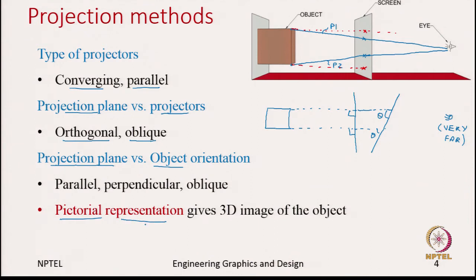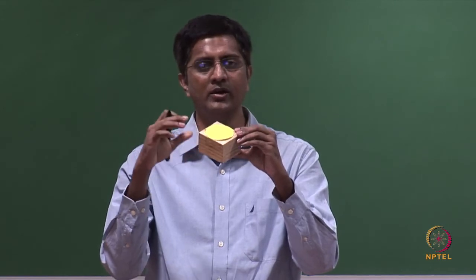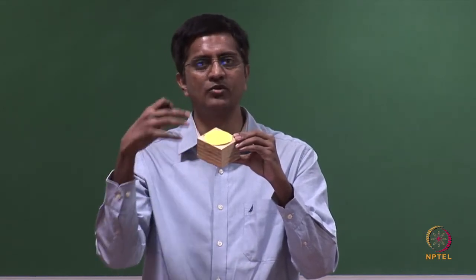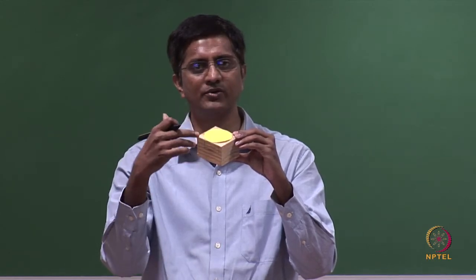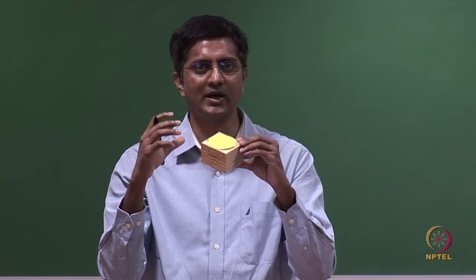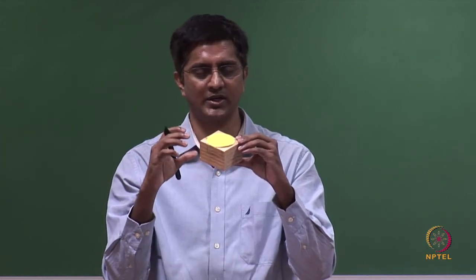Pictorial representation means if I orient this cube in this fashion, you can see the 3-dimensional view of this object. Since you are able to see 3 different faces, you can quickly understand how this object looks.